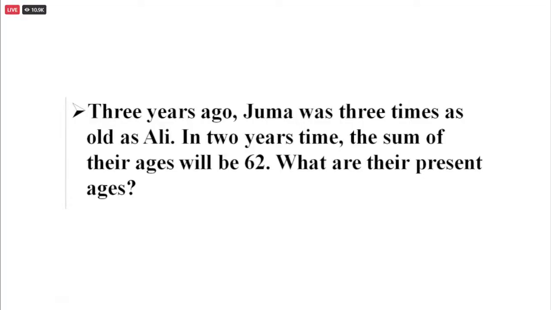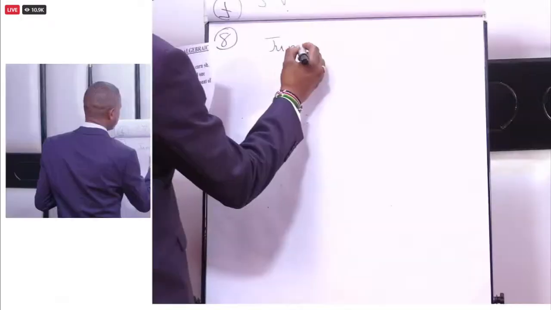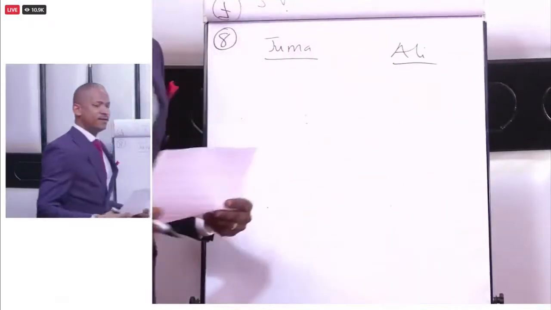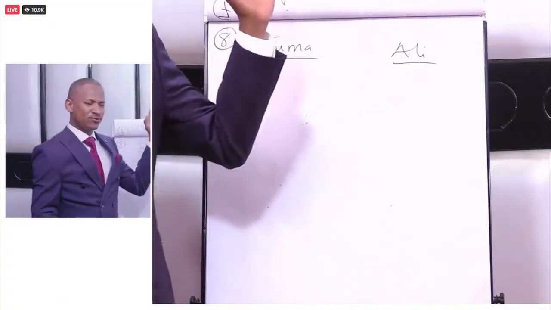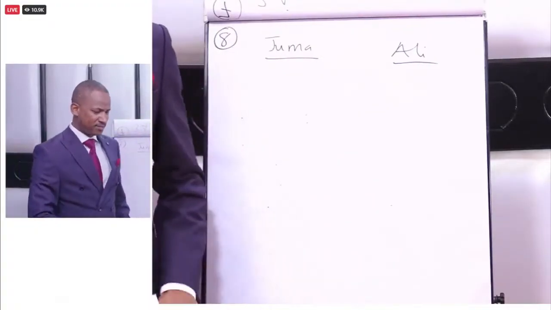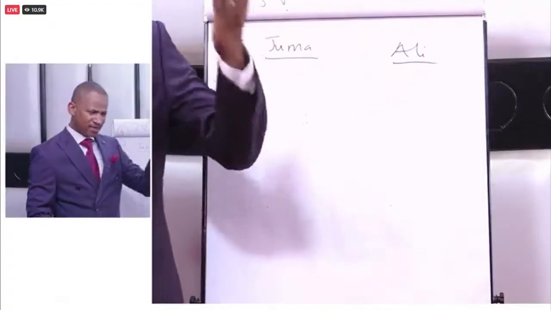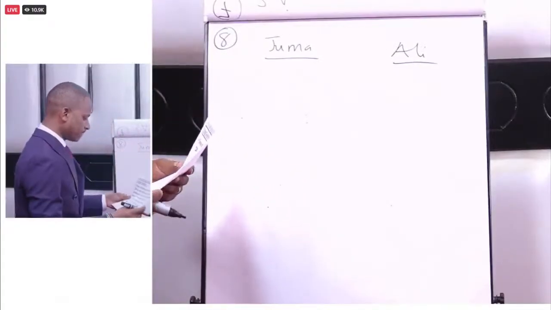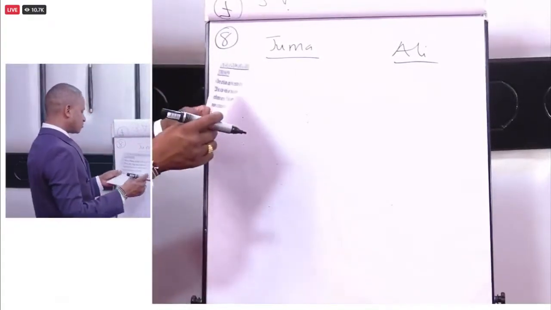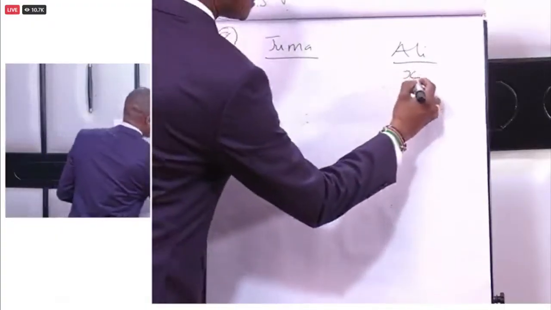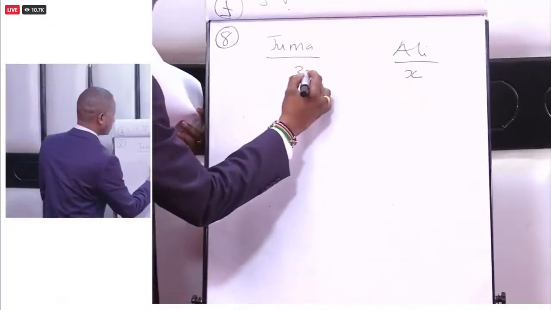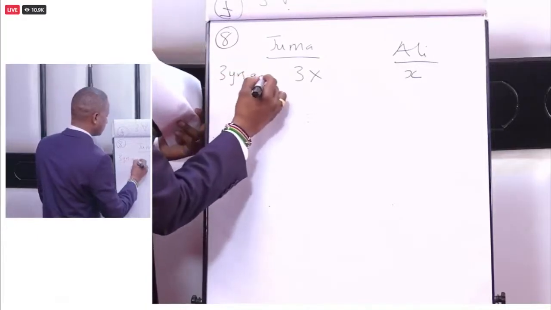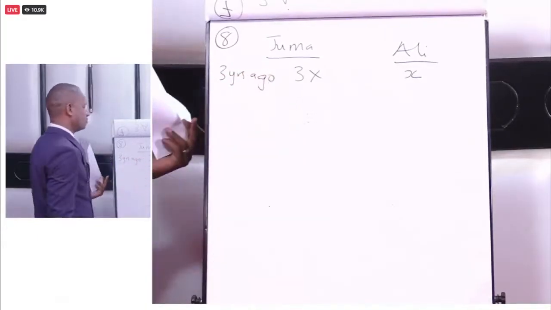So, just write Juma, then write Ali. Then take your mind to 3 years ago. Do not bring it here now. They tell you 3 years ago, Juma was 3 times as old as Ali. If Ali was x, then Juma was 3x. This is 3 years ago.